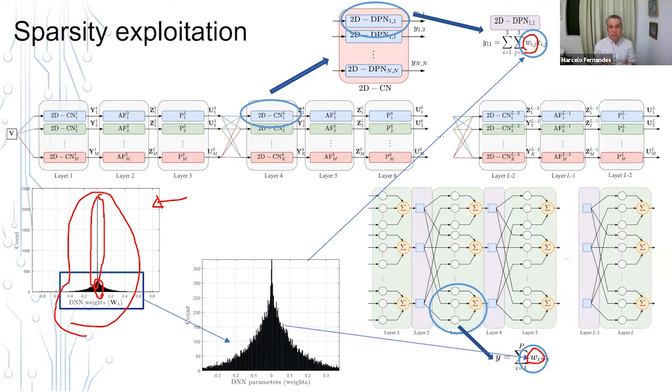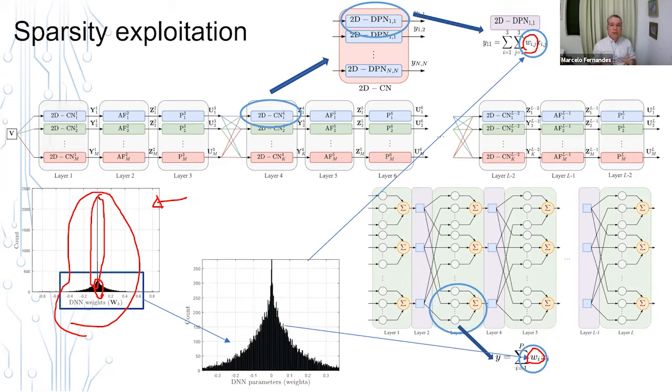If I have many weights close to zero, I can remove them, because if these values are very small, I can remove them. This is sparsity exploitation, because we have sparsity in the weights.